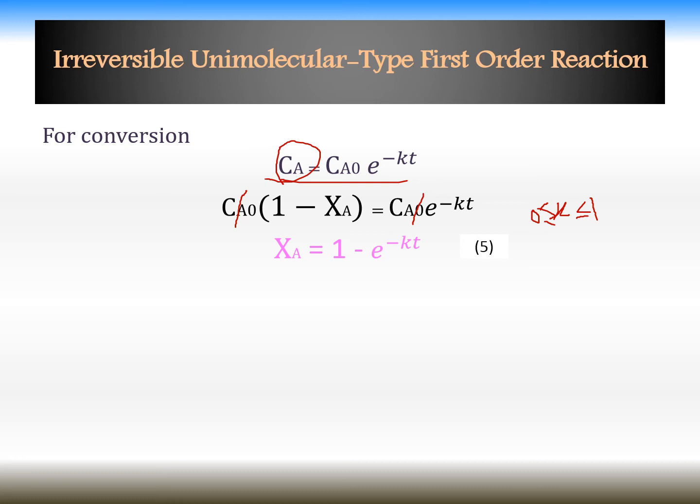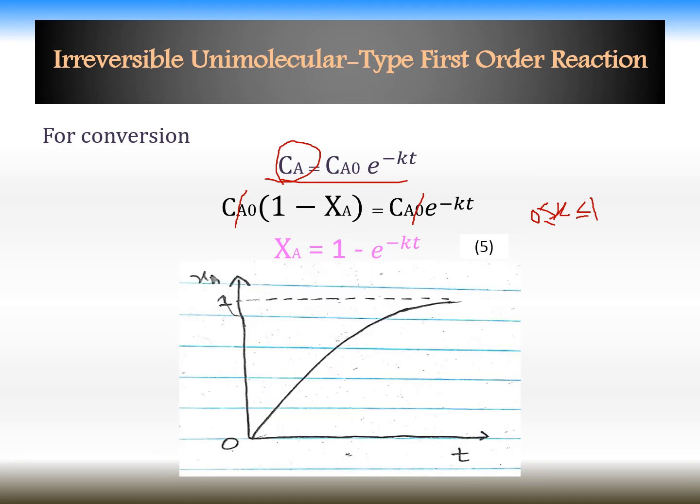The value of X will be 0 when the reaction has not started, at its initial point, and the value of X can be 1 when all the concentration of a reactant is converted into product. And the graph shows the same, that the value of X will be maximum at 1 and minimum at 0 at any time t.